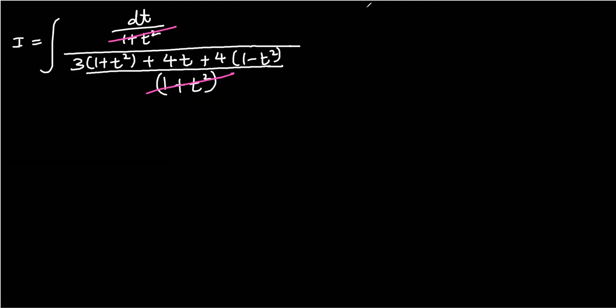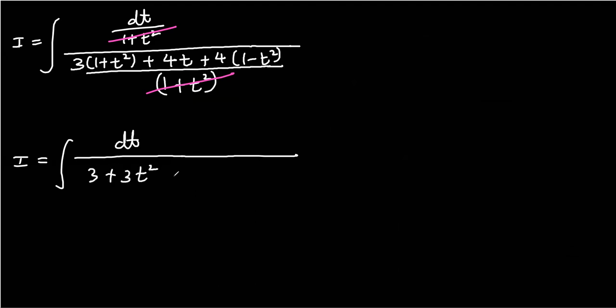You have now I equals dt divided by, multiply this 3 inside, so you have 3 plus 3t square plus 4t plus 4 minus 4t square. So what do you have?